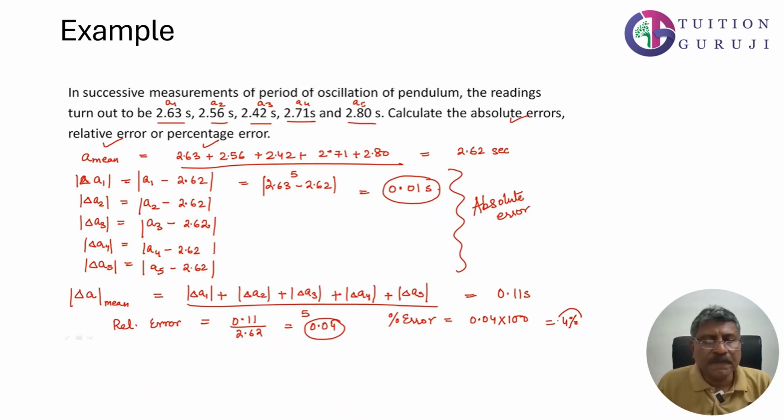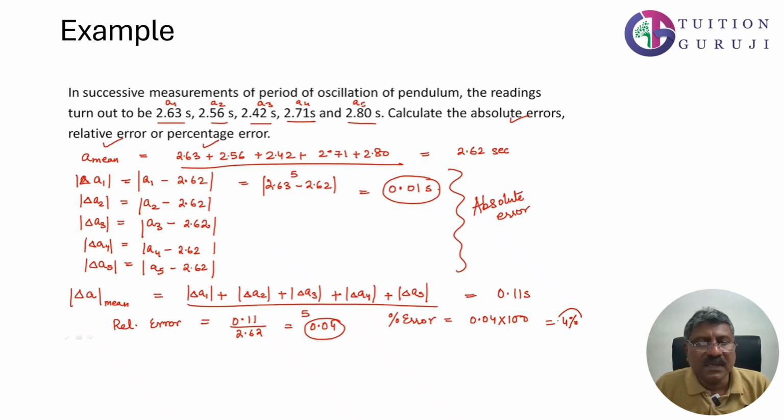So to find out the relative error, modulus of delta A1, we have to subtract the mean value from each individual value. Delta A1 is equal to modulus of A1 minus 2.62.